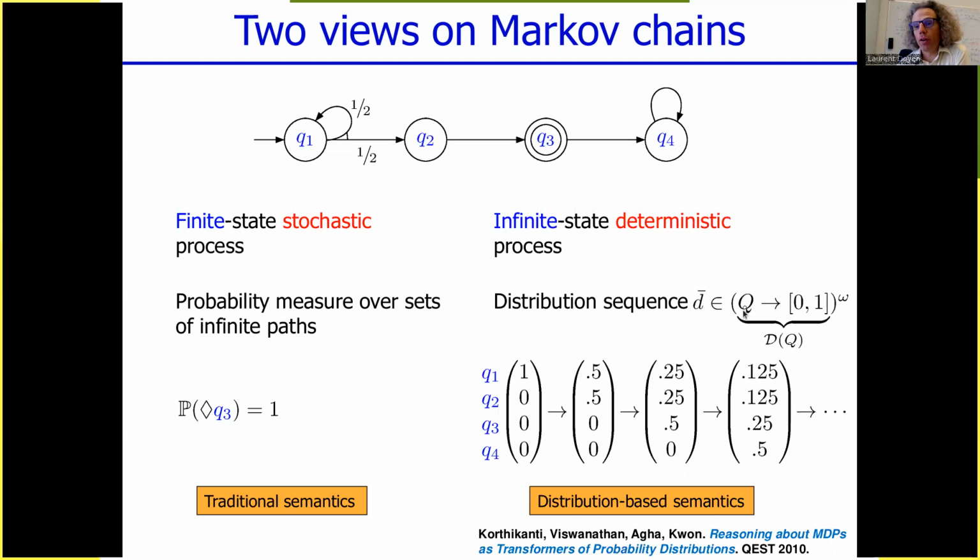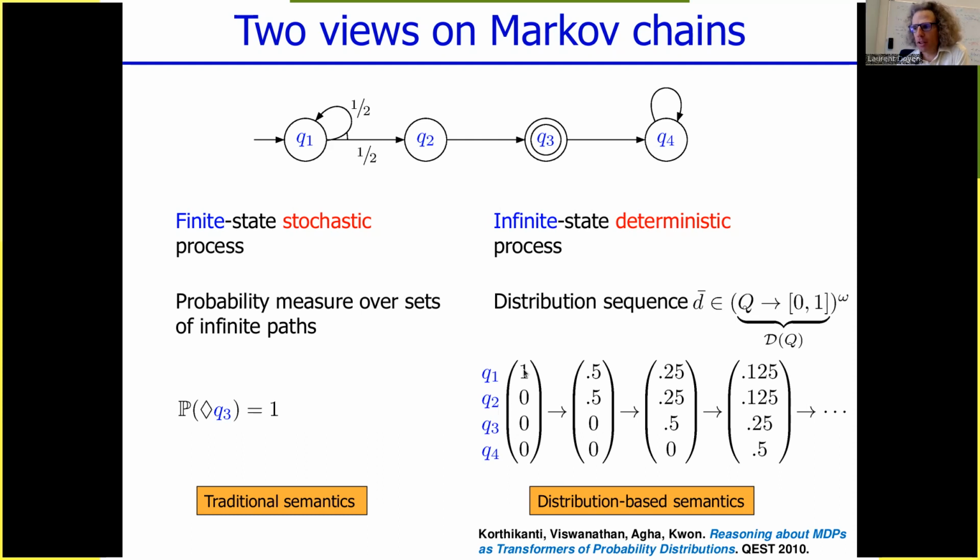It's a function that maps every state of the Markov chain, where Q is the set of states, to a value between 0 and 1. This value is the probability mass in that state.